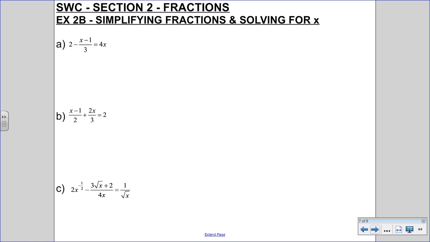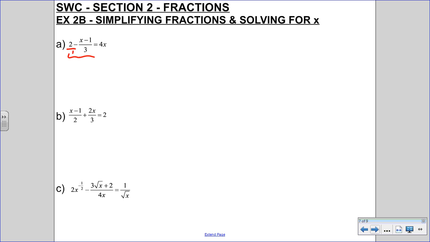Okay, next one. So simplifying fractions and solving for x. So the same thing as what we've just done, but this time we've got an equals value here. So part A, can't compare this yet. I need to make the denominators the same. So we could just make the denominators the same. Let's do it. So 2, this is the same as 2 over 1, isn't it?